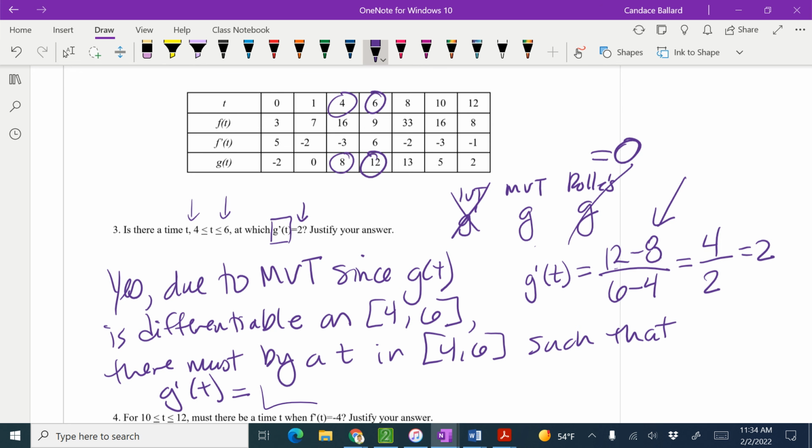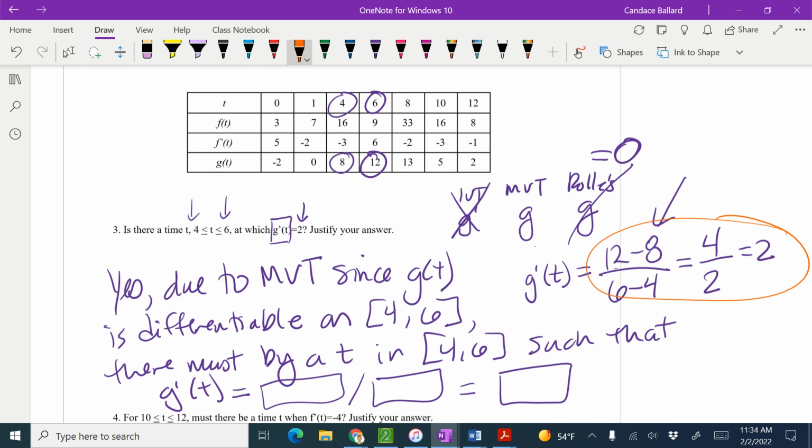It's going to give you a blank, a slash, a blank, and then an equal sign and another blank. What I'm trying to get you to do is to show this calculation that we did here. So the top blank would be 12 minus 8. The bottom blank would be 6 minus 4. Because remember, you have to show the difference quotient. That's part of the rules of what they're looking for. And then we can say it's equal to 2.